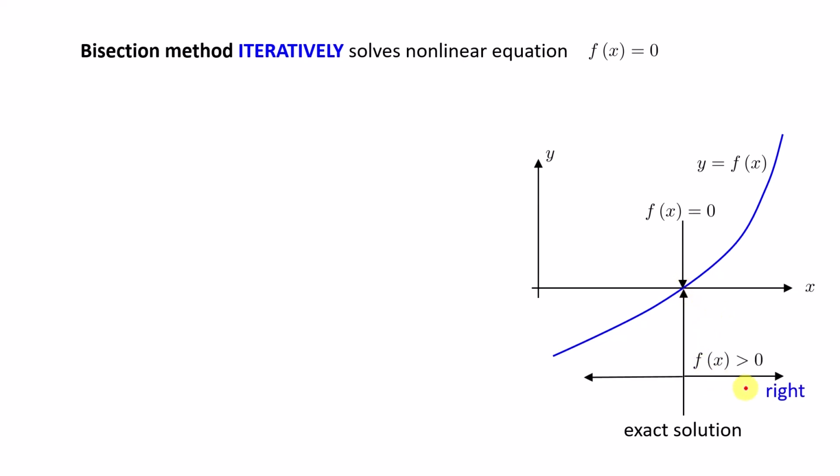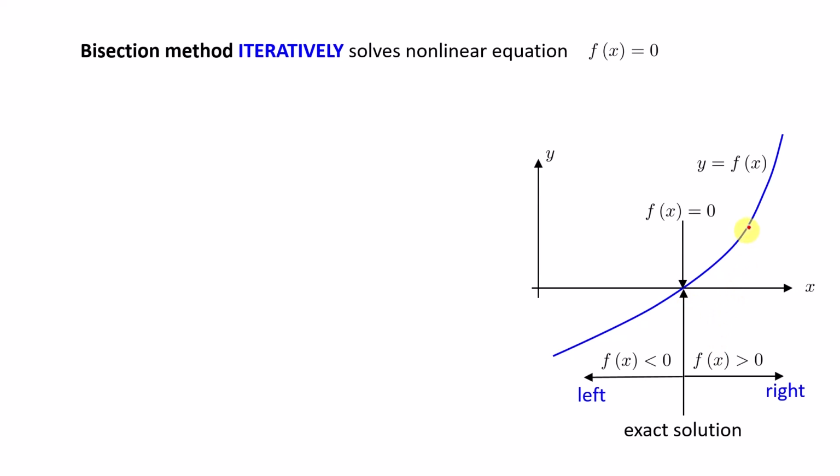Now if I go toward the right side, I see that f(x) is greater than 0. If I go toward the left side, I see that f(x) is less than 0, and exactly at this root, f(x) is equal to 0.